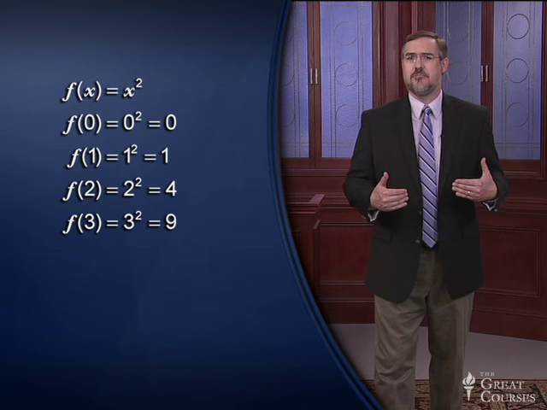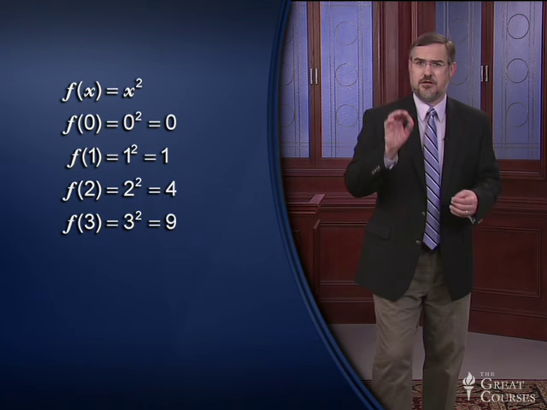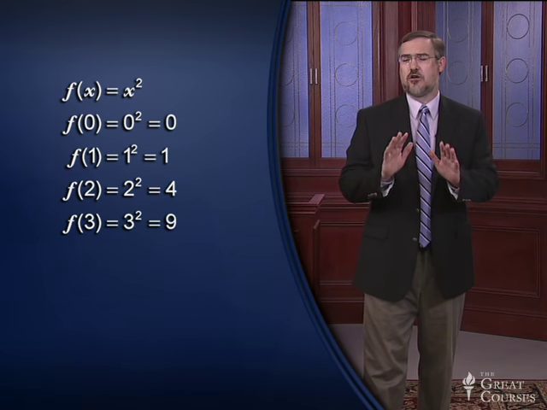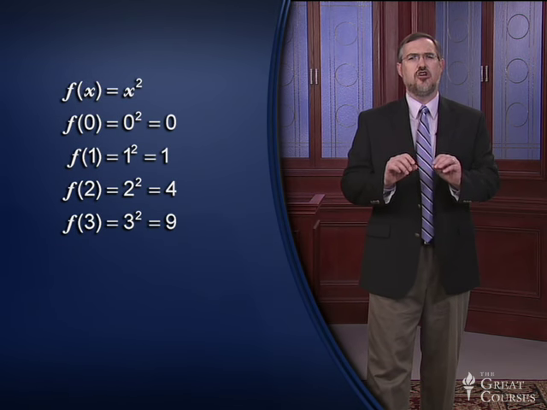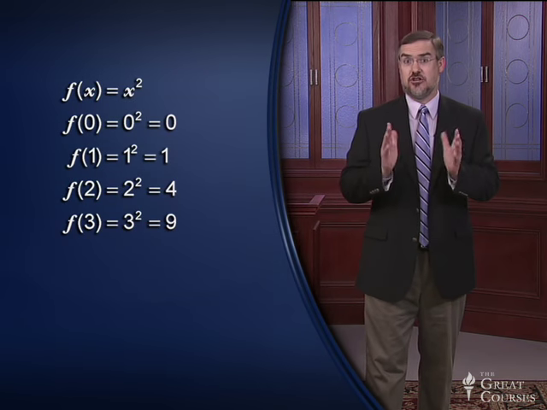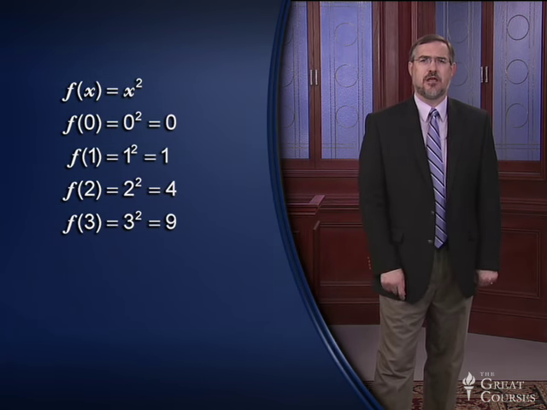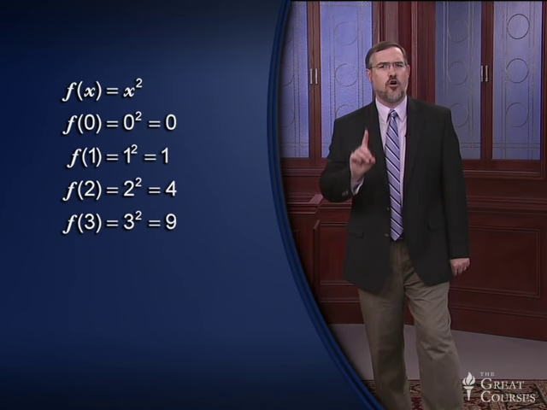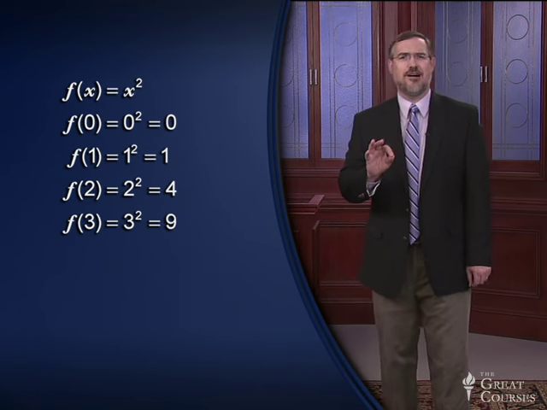Now, if you pulled out a piece of graph paper and plotted those points, you would have the start of the graph. In fact, you would start to see sort of half of the U shape taking shape as you draw that graph. But we really ought to plug in some different numbers as well, because I only plugged in 0 and some positive values.